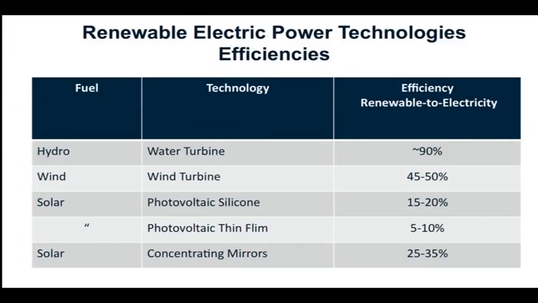And going on to the renewable power plant technologies, hydro actually converts about 90% of the energy in the water that is behind the dam due to the height of the dam. The water at the lower part of the dam is under high pressure, and that moves through a water turbine and spins the shaft and produces electricity.